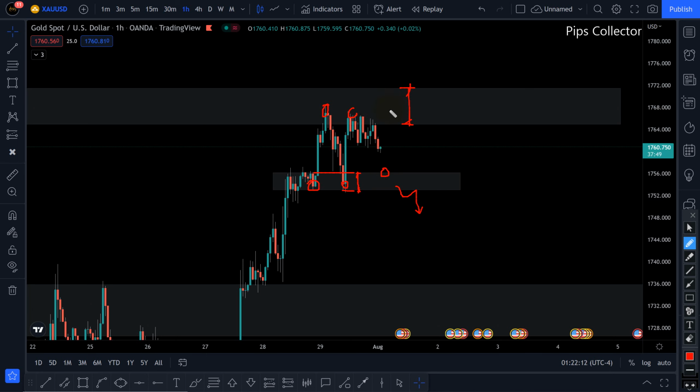Whichever one comes first, let's see how it plays out. At the time being, I'm waiting for price to perhaps give me some bullish momentum to take buys. This will be scenario one, in the direction of the trend. Or if it takes out this level and gives us a bearish break, then this will give me my scenario 2. So this is what I'm looking at on gold.